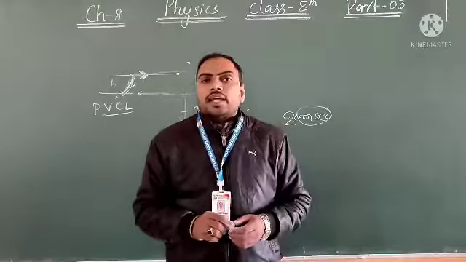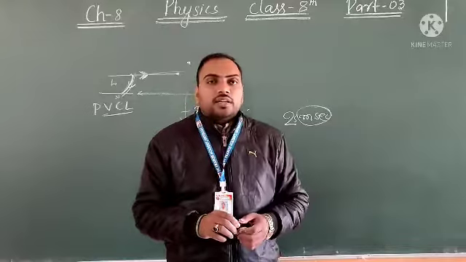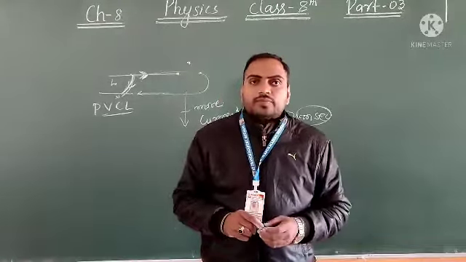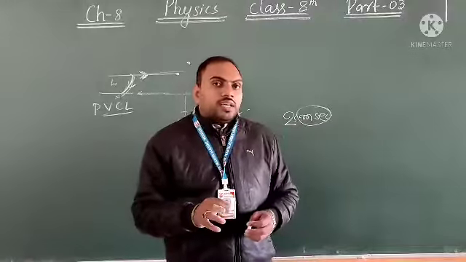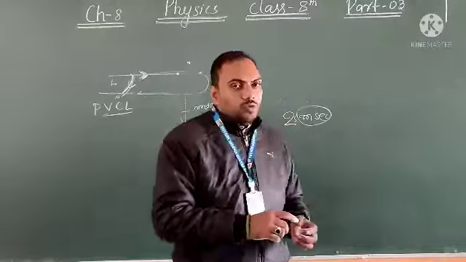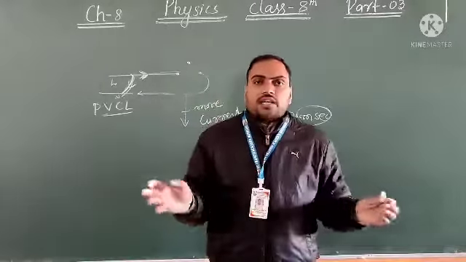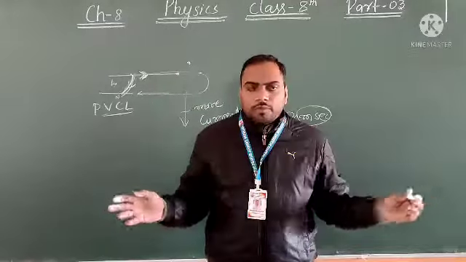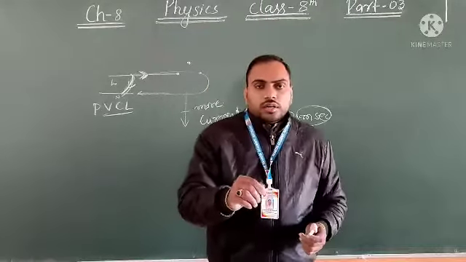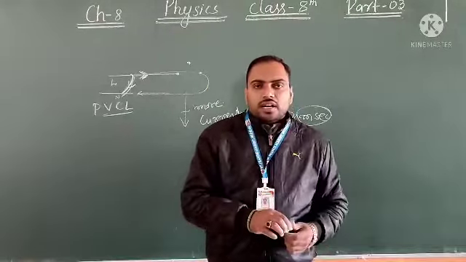I hope you understand. Once again I am explaining how earthing is done. In earthing, we do local earthing at our home. We take a big copper plate and dig 10 to 15 meters into the earth.